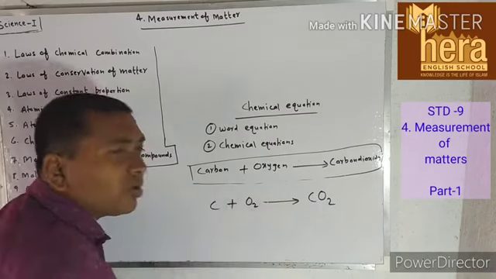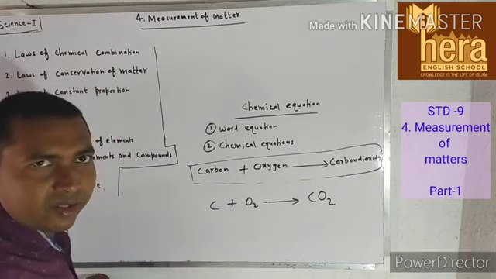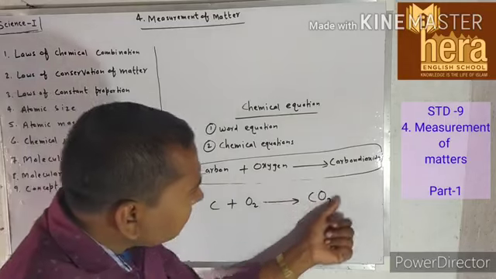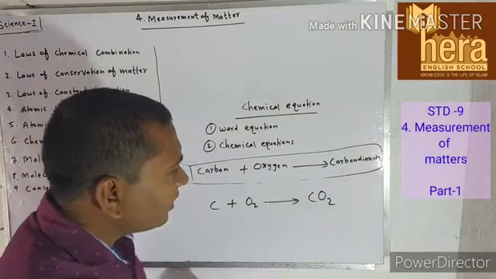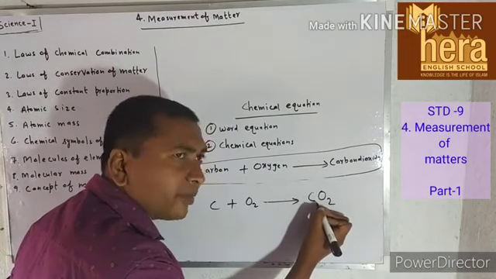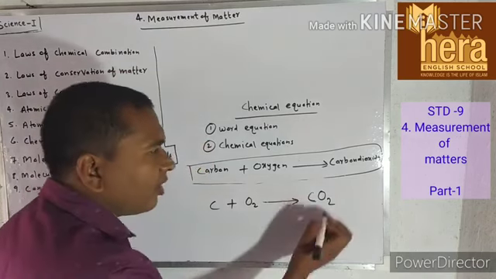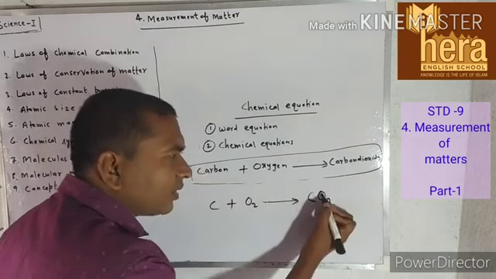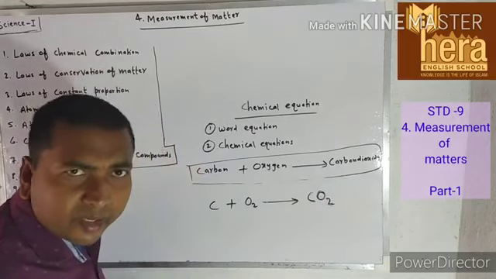Only two oxygen atoms are there. Understood? In this product, that is in carbon dioxide, how many carbon atoms are there? Here there is nothing written, it means one. So only one carbon atom is there. How many oxygen atoms are there? There are only two oxygen atoms. O2. Two oxygen atoms are there.